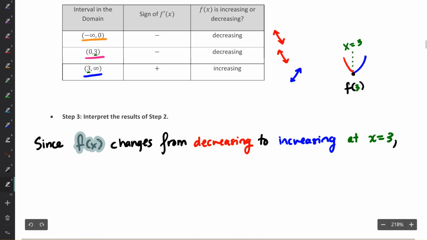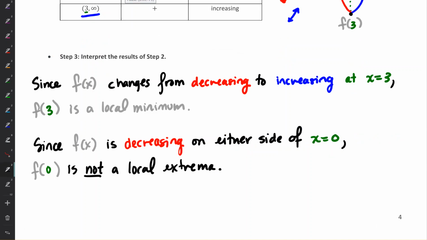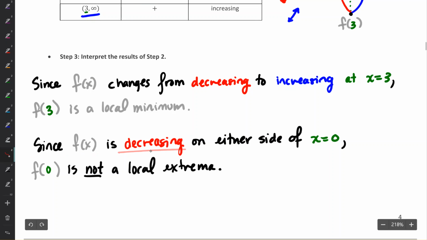And I was using gray for f. F of c, f of 3 in this case, is a local minimum. Okay, right? And since my function is decreasing on either side of x equals 0, f of 0 is not a local extrema at all.